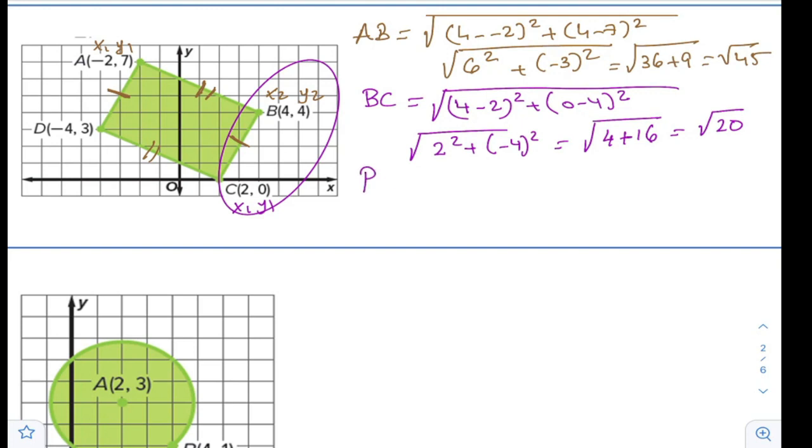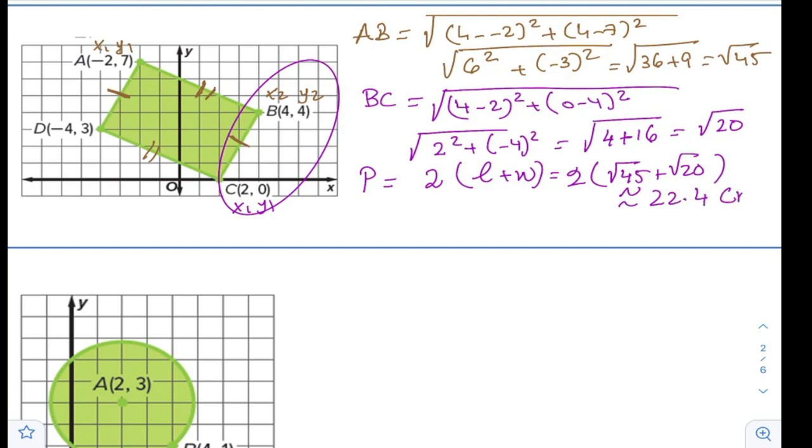So the perimeter is twice length plus width. So it's 2 times square root of 45 plus square root of 20. So I will add square root of 45 plus square root of 20 and multiply the result by 2. It will give me about 22.4, and the unit is centimeter only.